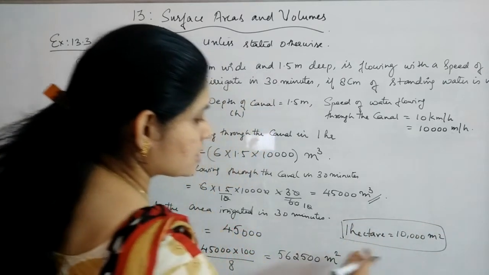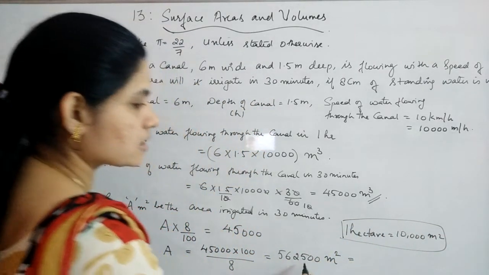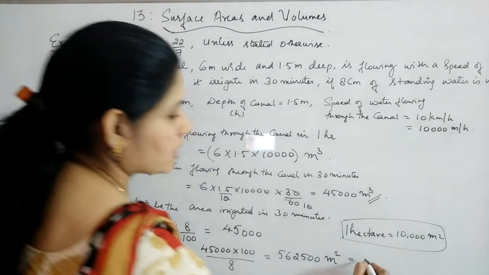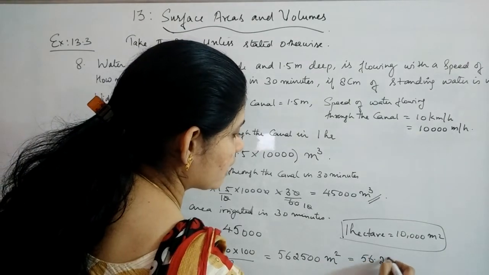So using this concept, if you convert this, you will get this divided by 10,000. So 1, 2, 3, 4. You will get 56.25 hectare.